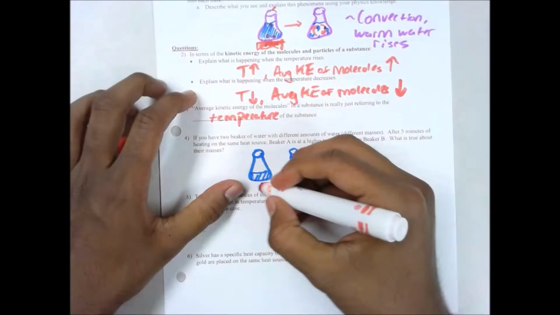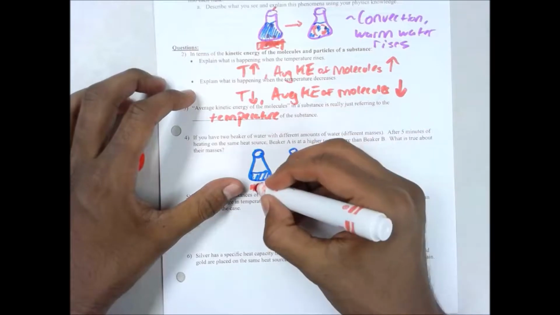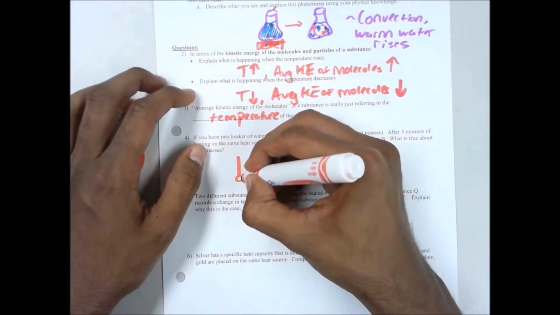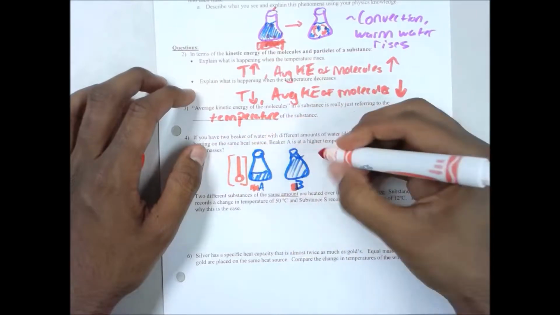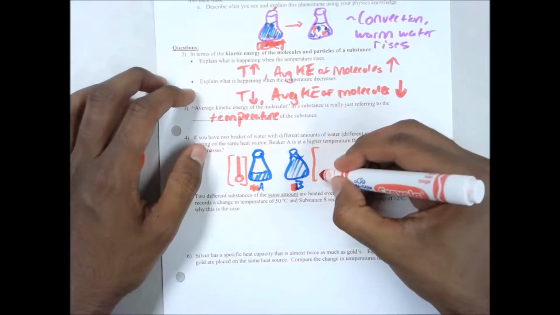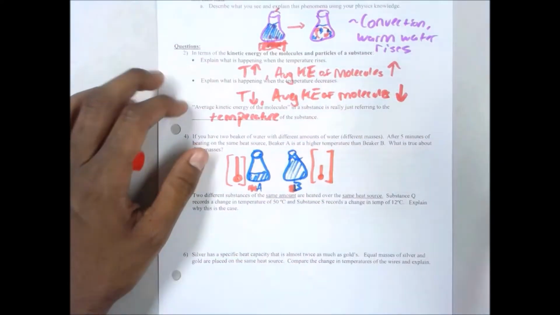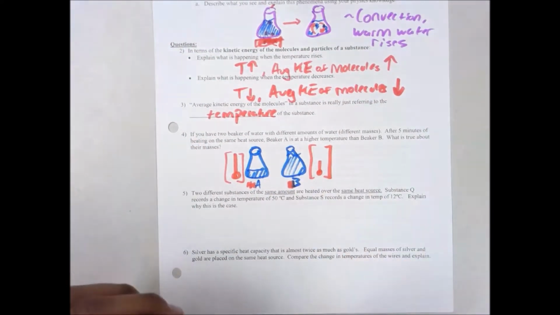Because if they're under the same heat source, the temperature of this beaker is going to be a lot higher than the temperature of this beaker, because there's more mass here, right?